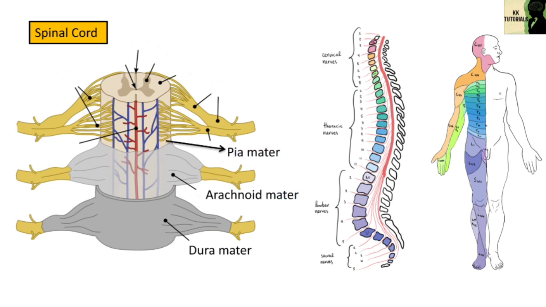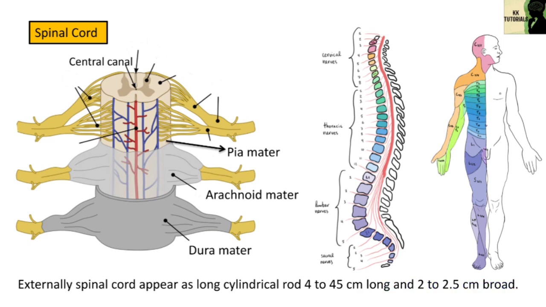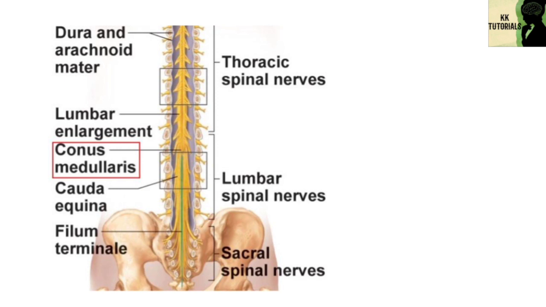The cerebrospinal fluid secreted by pia mater forms a fluid cushion around the spinal cord and within it inside the central canal. Externally, spinal cord appears as a long cylindrical rod, 42 to 45 cm long and 2 to 2.5 cm broad. The spinal cord is broadest at its anterior end, gradually tapers into conus medullaris, and continues as a thread-like filum terminale posteriorly.